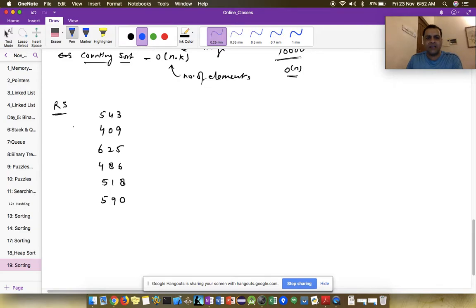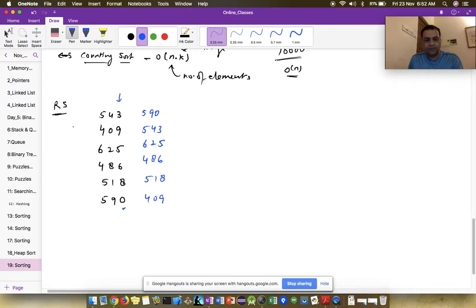So what we do is first we sort on the units place. If I sort all these elements on the units place, what will come first? 590 will come first because 0 is the minimum. Then 543, then 625, after that 486, then 518, and then 409.